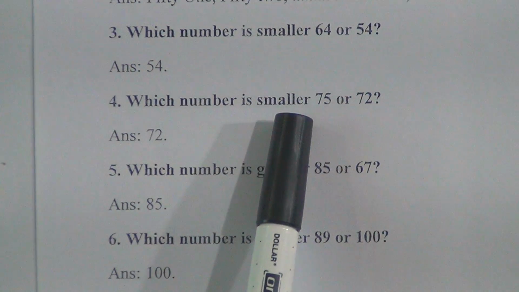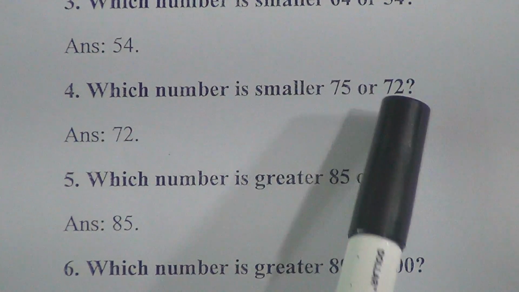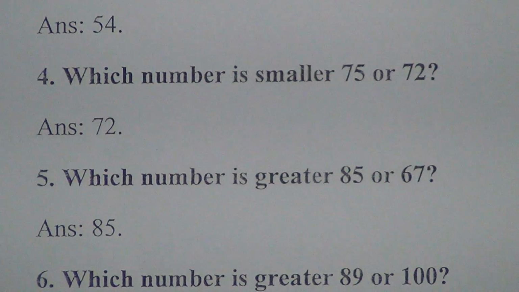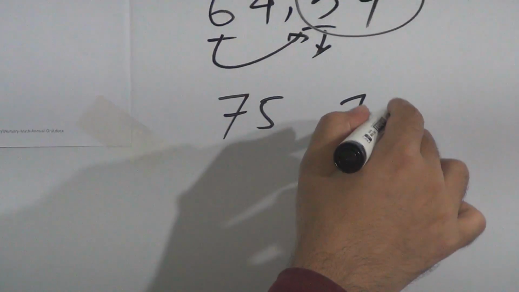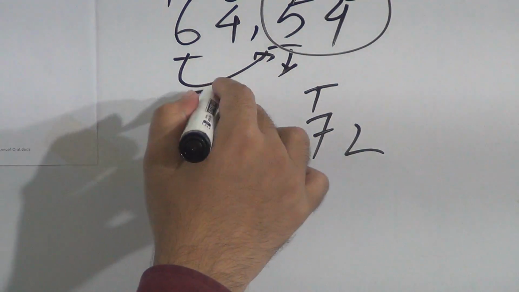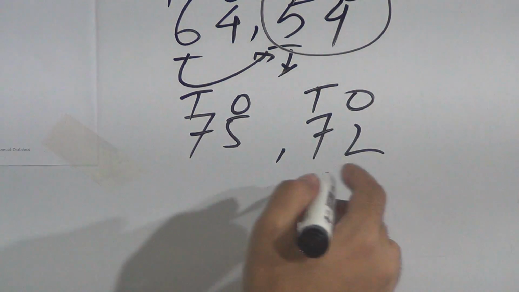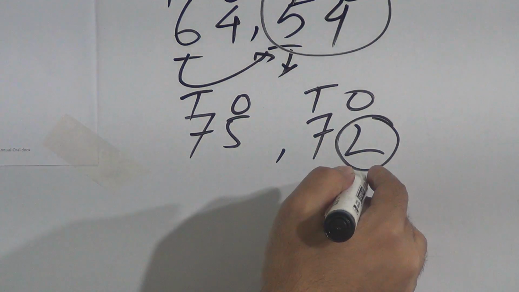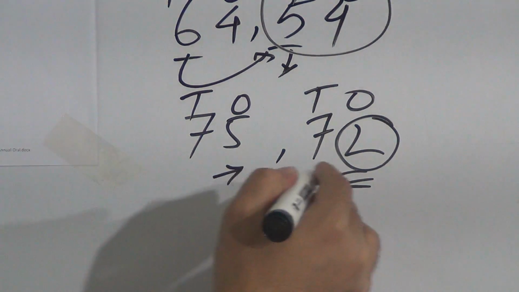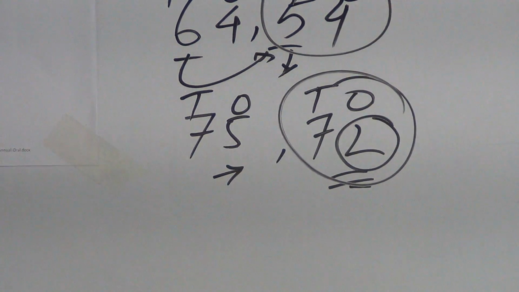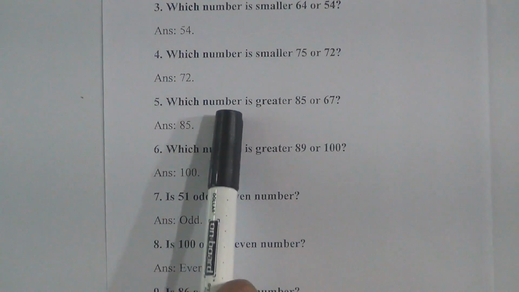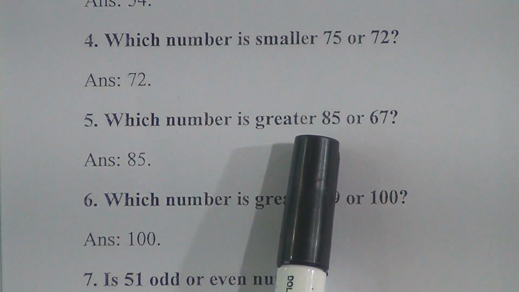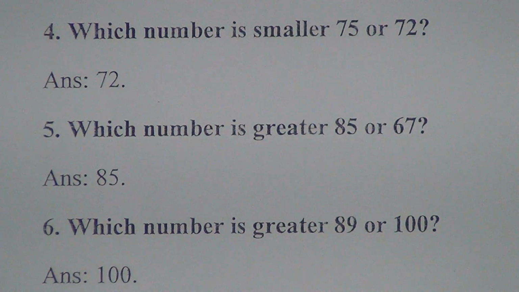Which number is smaller, 75 or 72? Dear students, now see 75, 72. Here tens place is same, ones place is different, so ones place is 2 in 72. 2 is smaller than 5, so 72 will be smaller, so 72 is the answer. Next question. Which number is greater, 85 or 67?